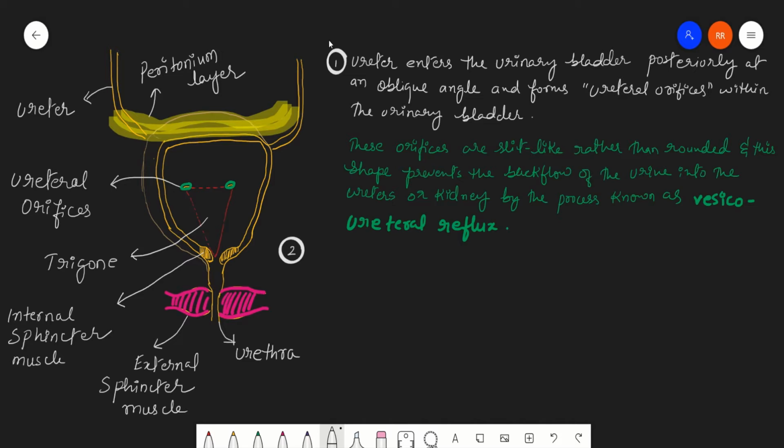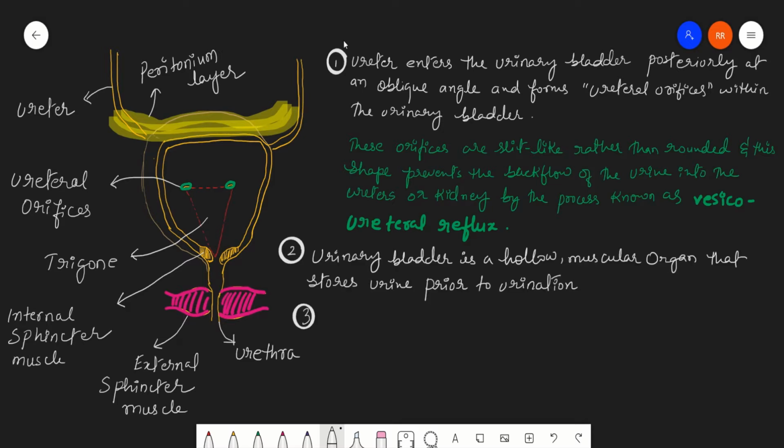The urinary bladder is a hollow muscular organ that stores urine prior to urination, and this urine comes from the kidney and is stored in the urinary bladder. It lies in the pelvic cavity posterior to the pubic bone, and it sits below the parietal peritoneum.